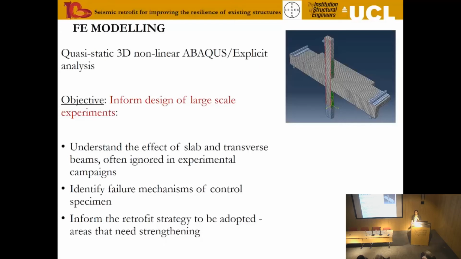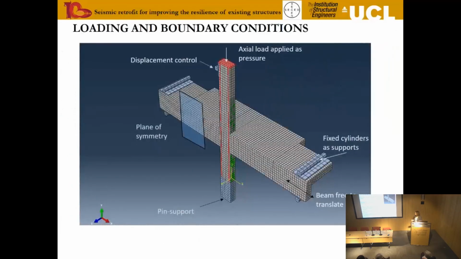So the increased efficiency that we see of the retrofit is reflected in the codes of practice and in the guidelines, which ignore slabs and transverse beams, and this is slightly worrying. So we wanted to understand the effects of slabs and transverse beams on the response of the beam column connection and on how we might identify different retrofit strategies.